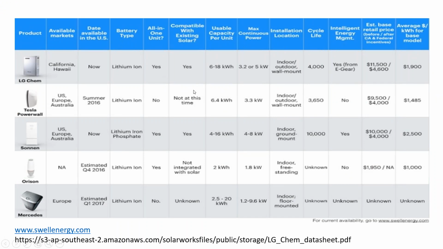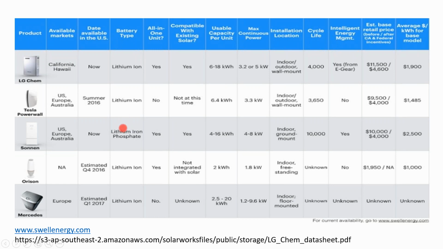As far as shovel-ready products, in addition to the Tesla Powerwall and LG Chem, some other brands to look into. Sonnen is kind of the leader with lithium iron phosphate.